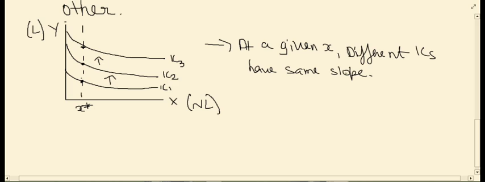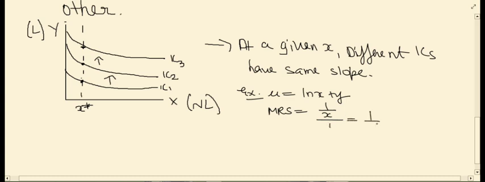We can take an example: let u equals ln x plus y. Our MRS would be MUx upon MUy, that is the derivative of ln x with respect to x, 1 upon x, upon MUy, that is the derivative of u with respect to y, that is 1, equals 1 by x. Now, no matter how much higher you go in terms of ICs, the MRS would remain constant.